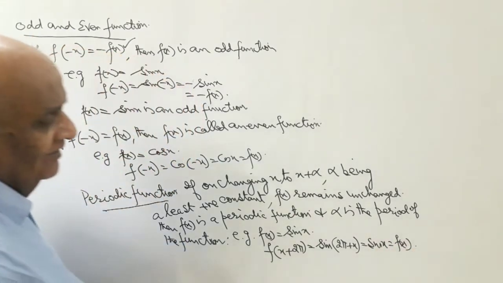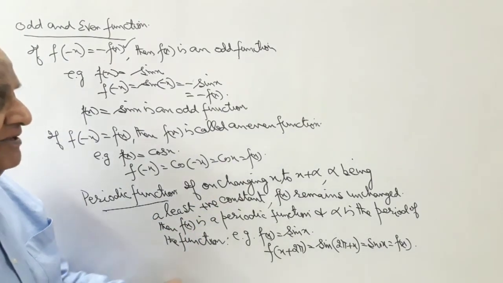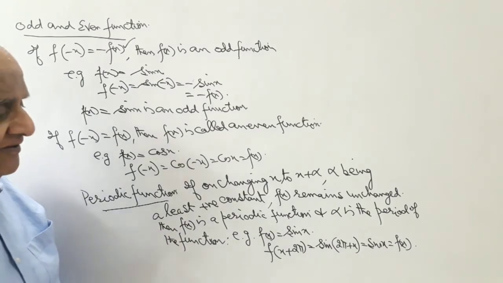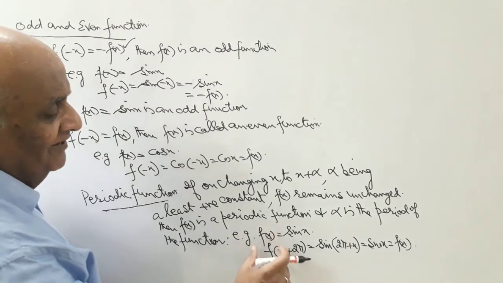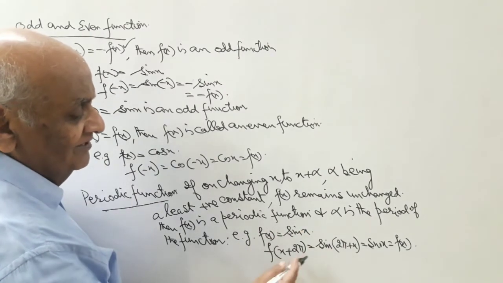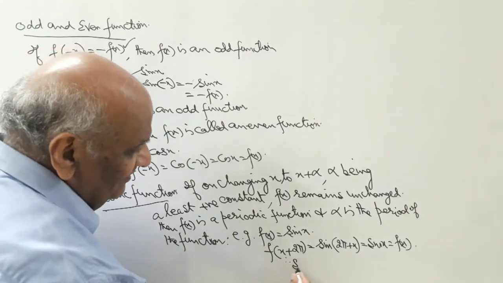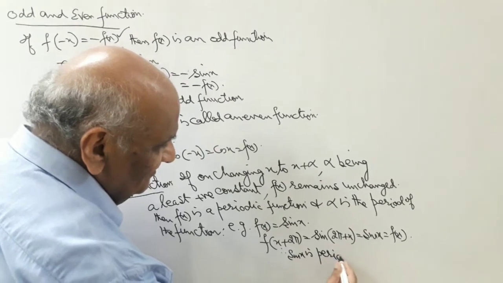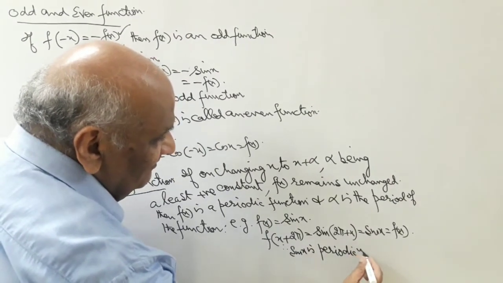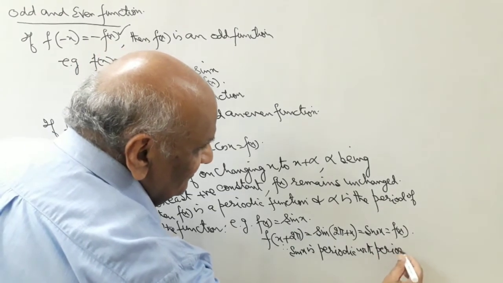Look, if I increase by 2 pi, it is unchanged. But if I increase by pi, it will be minus of that. That is not possible. The least positive in this case is 2 pi. So when fx is sine x and we increase by 2 pi, it remains unchanged. Therefore, sine x is periodic with the period 2 pi.